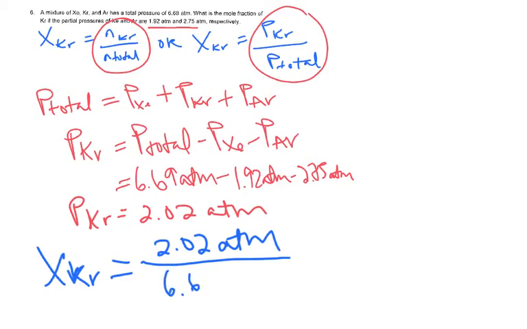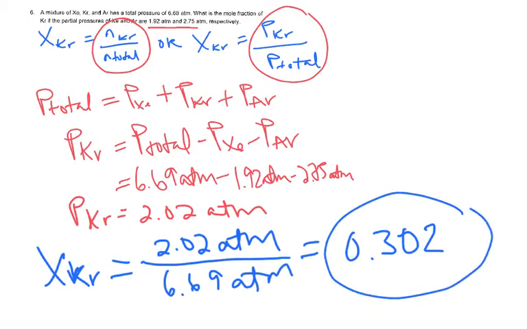P total is 6.69 atmospheres. So this is going to be equal to 0.302. And remember, fractions don't actually have units, so there's no units here. So the mole fraction of krypton is 0.302. And if we're doing sig figs, yes, we have the correct number of sig figs. Let's look at the next problem.